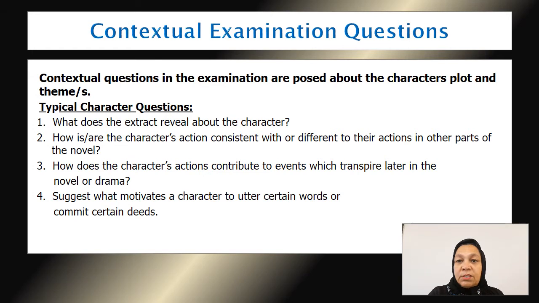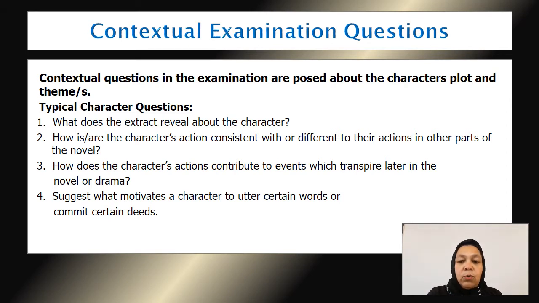You examine the scene in the extract that has been given, and you identify what the character's actions are, and then you determine what happens later on in the drama, and whether the action in this particular scene contributes to action which occurs later.